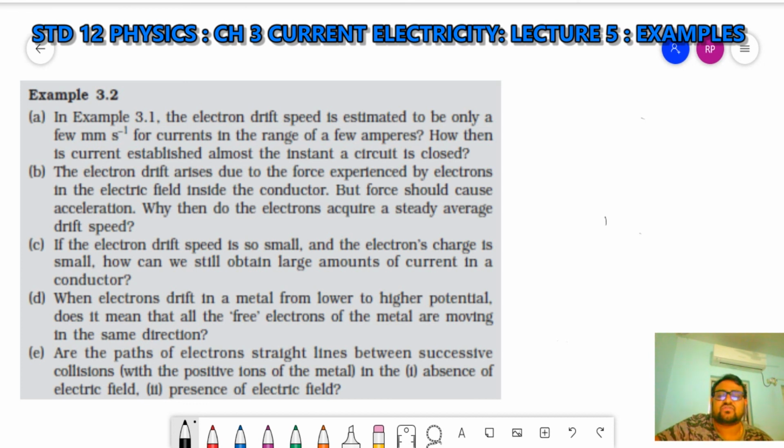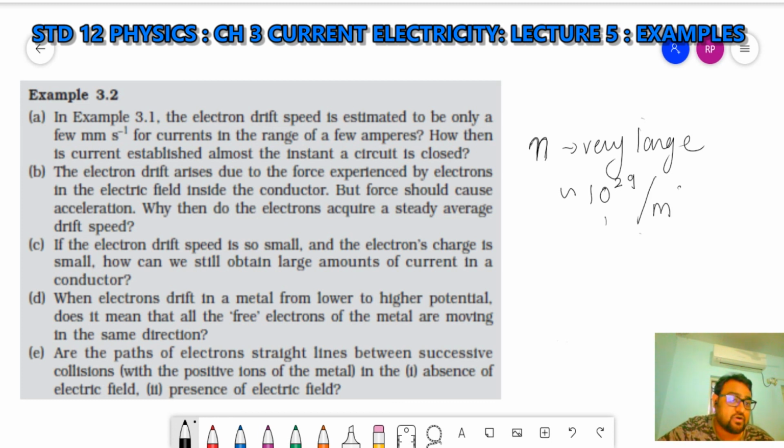See, the electron drift speed is small and the charge is small, but the number density n is very large, of the order of 10 raised to 29 per meter cube. Due to this very large value of number density, meaning the number of free electrons per unit volume, the current is very high.